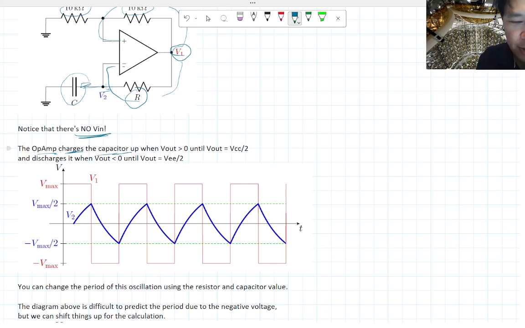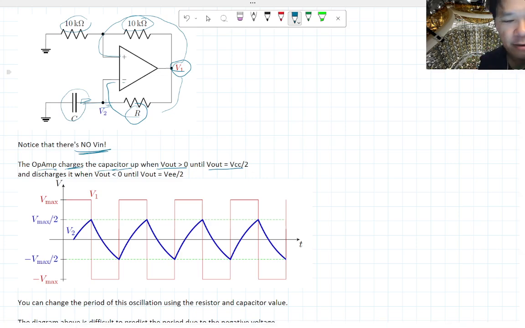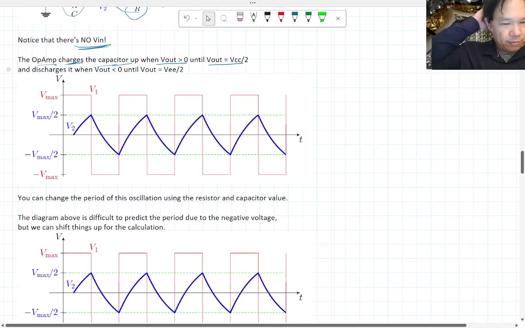As the capacitor charges up, when V out is bigger than 0, and V out reaches this VCC over 2, which is what this voltage divider is doing, it switches to discharge mode, because now it drives V out to negative instead, whatever the negative voltage supply is. This is sort of a neat system here.